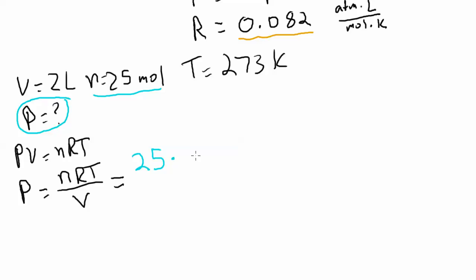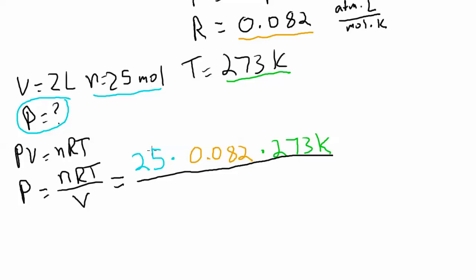So times 0.082. And then we've got temperature, which is in this example 273 Kelvin. And we're going to take all those, multiply them all together, and then we're going to divide by, I'm sorry, one number, the volume, which in this case is 2 liters.